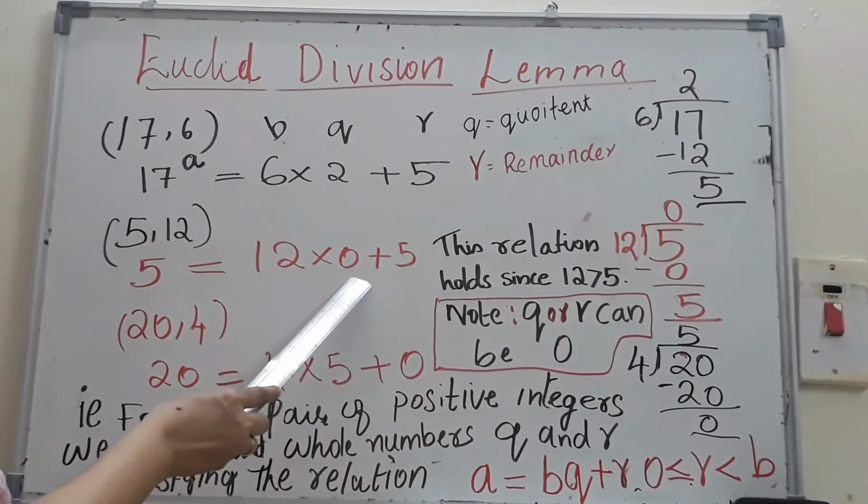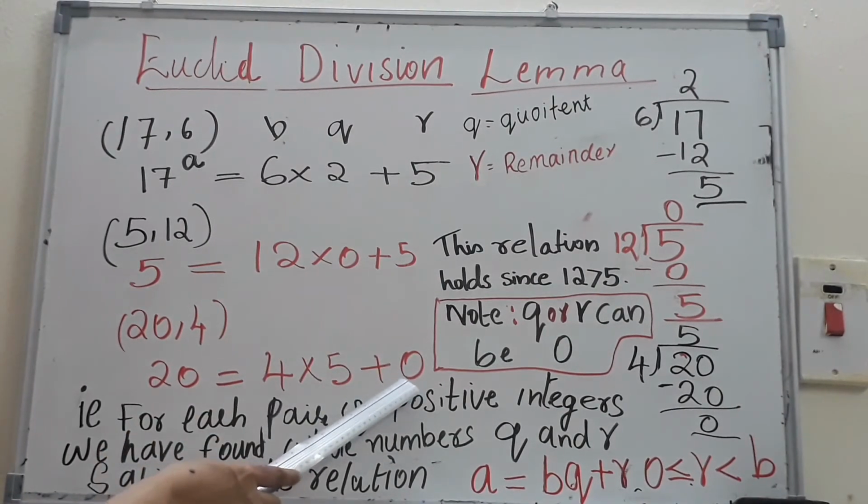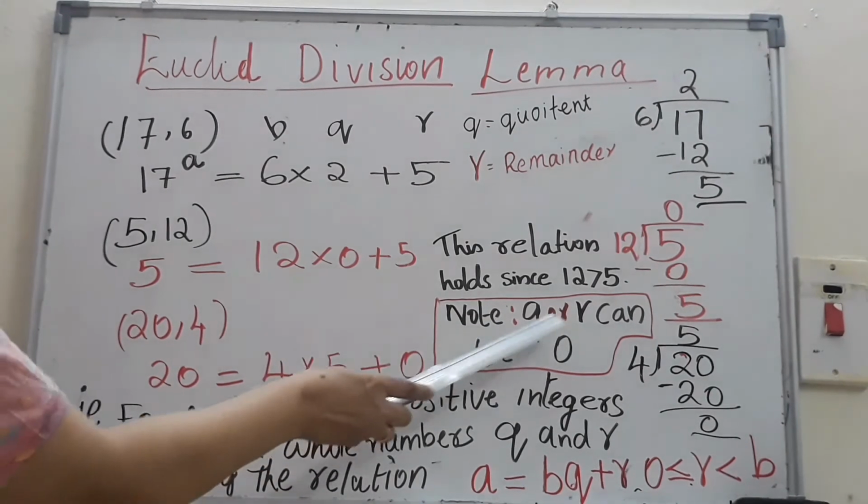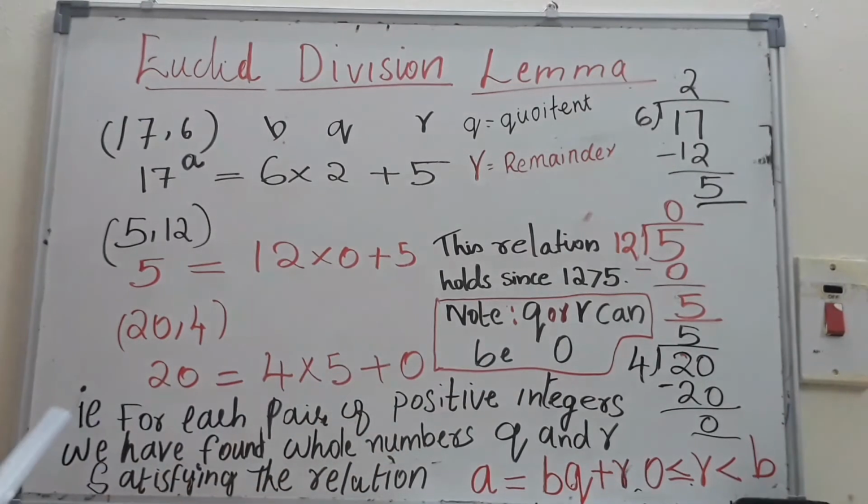Look at this case. What is q here? It is 0. So that is why we can say q or r can be 0.